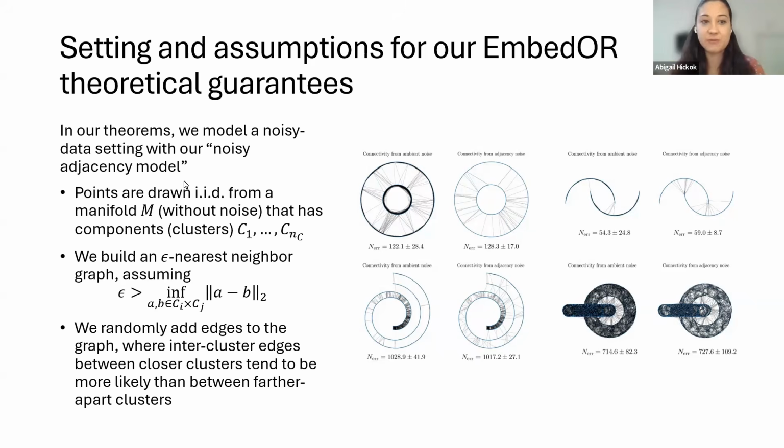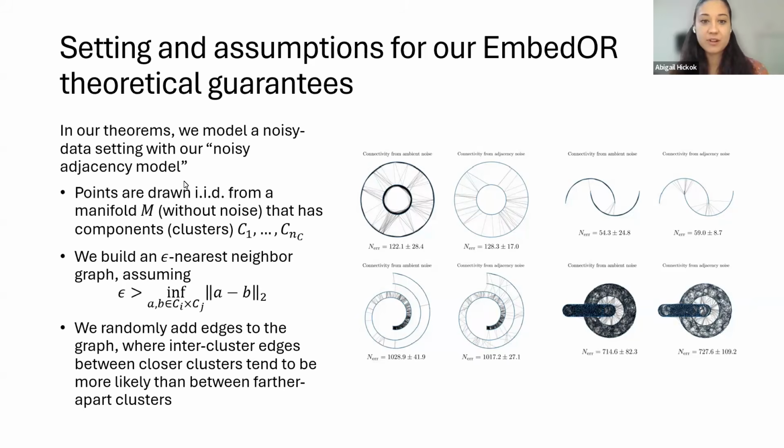Like I said, we use this model because it's just a little bit more convenient for our analysis, but it's also a pretty realistic model, and it produces graphs that look a lot like the nearest neighbor graphs that you get in the ambient noisy setting. So I'm just showing a few examples here on the right, where for each of these datasets on the left, we have a nearest neighbor graph produced when we add ambient noise to the coordinates of the points, and on the right, what happens in our noisy adjacency model.